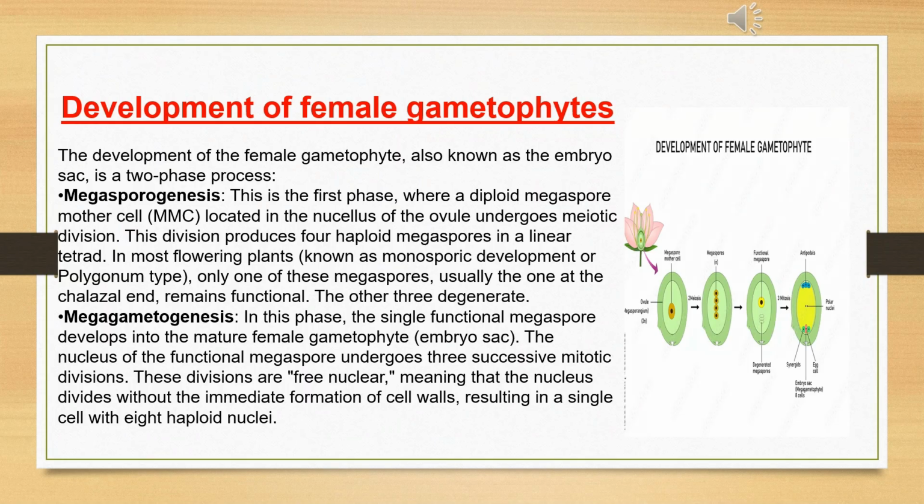In this phase, the single functional megaspore develops into the mature female gametophyte, that is embryo sac. The nucleus of the functional megaspore undergoes three successive mitotic divisions. These divisions are free nuclear, meaning that the nucleus divides without the immediate formation of cell walls, resulting in a single cell with 8 haploid nuclei.